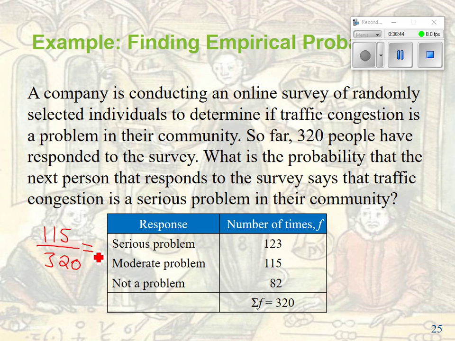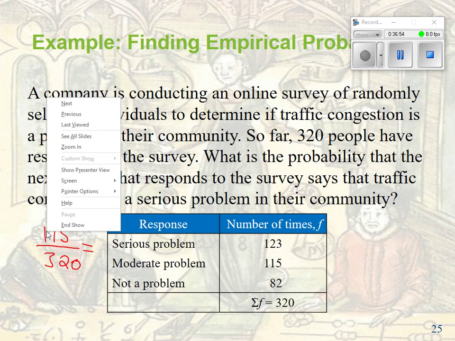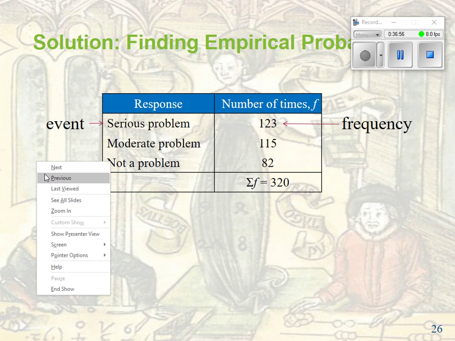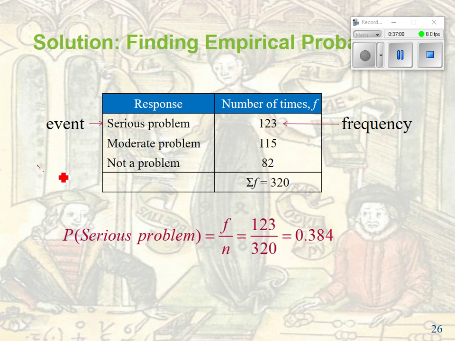And fractions like this are better to change to a decimal. Just grab your calculator and change it to a decimal, because that's going to make more sense than 115 out of 320. They wanted a serious problem on this one, so it was 123 out of 320.